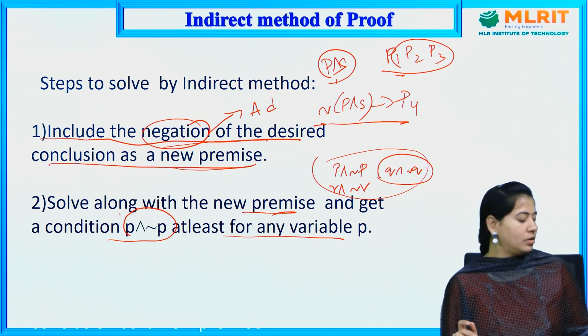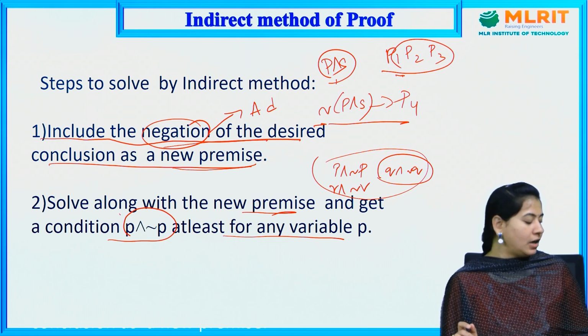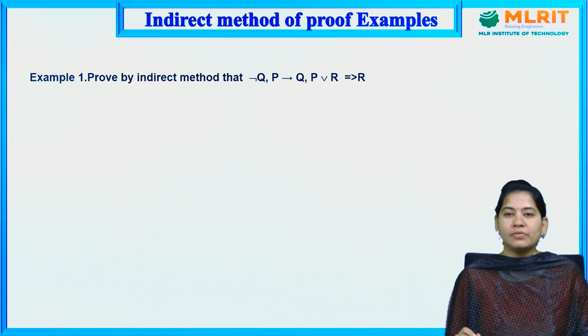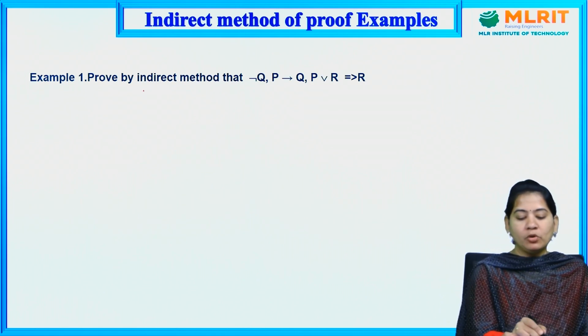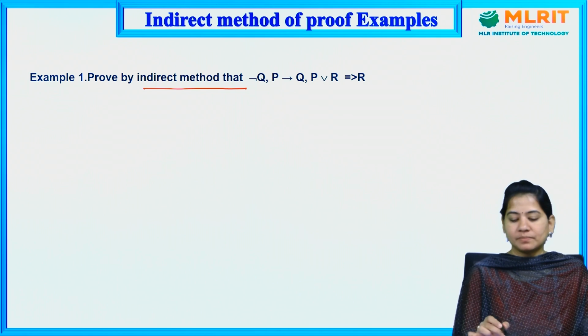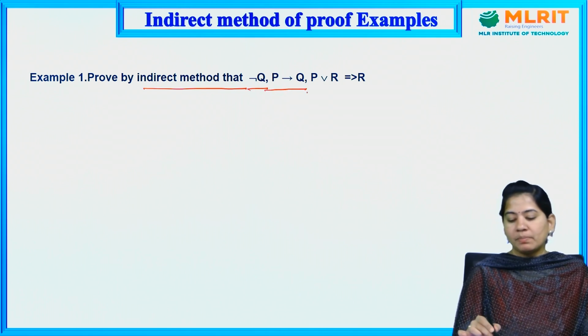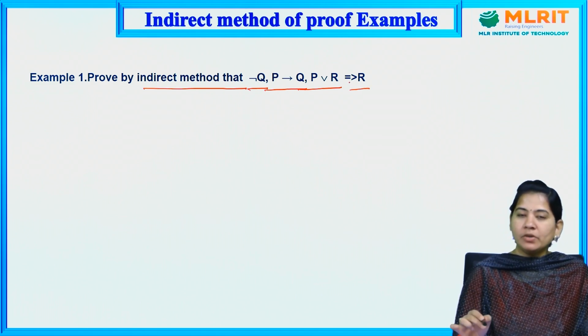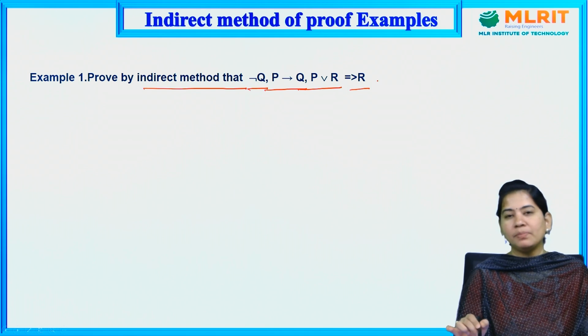So let us solve an example so that we can understand how to solve by the indirect method of proof. The first question is: prove by indirect method negation Q, P implies Q, P or R implies R. If you see in the question, wherever you see implies, the right-hand side of the implies is the conclusion.